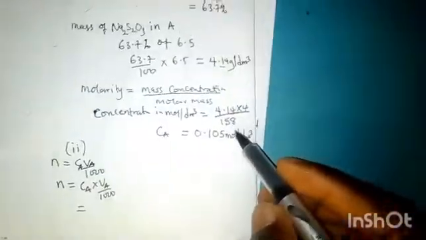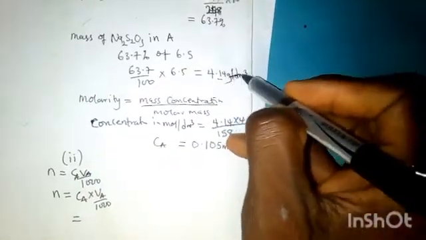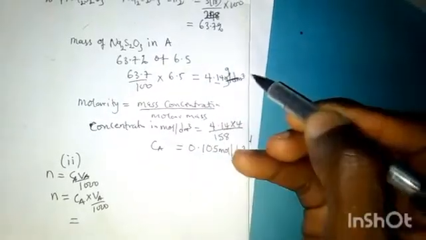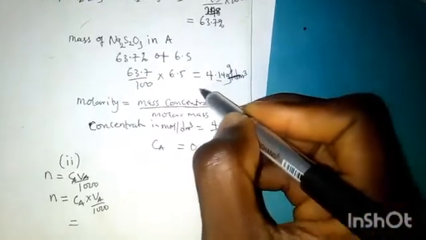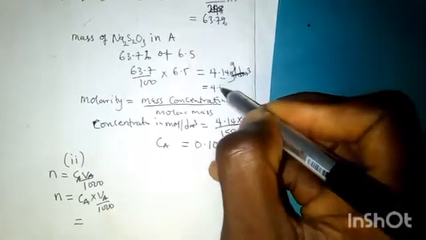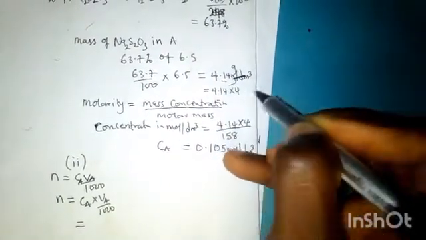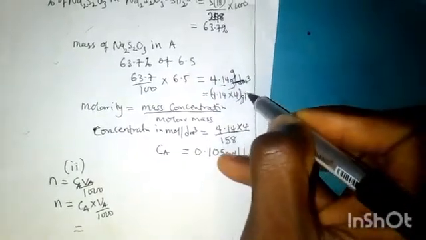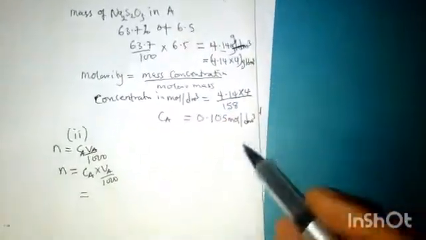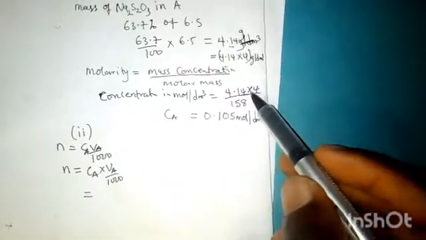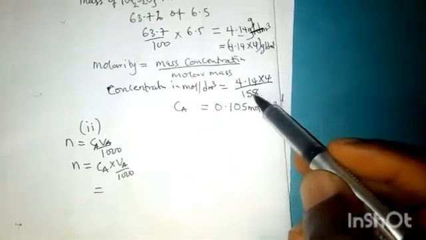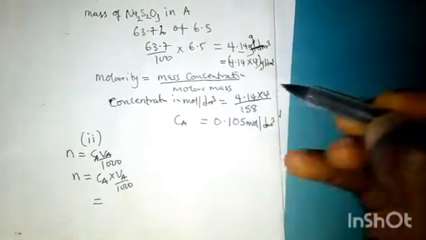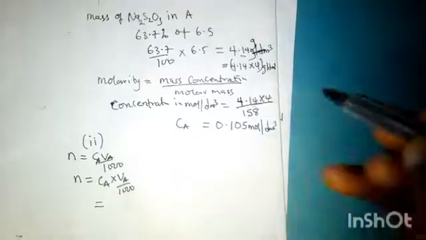So this is not gram per dm cube, it is just gram in 250. In gram per dm cube, I'll be having 4.14 times 4, so the value here is now in gram per dm cube. Sorry about that. I was fortunate to have the same answer, just because I had solved it earlier and remembered the answer.